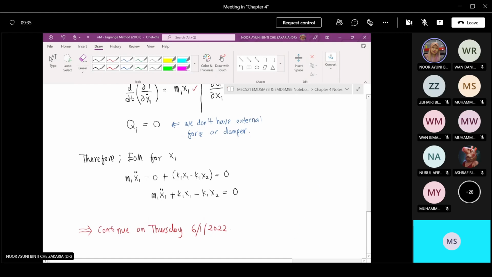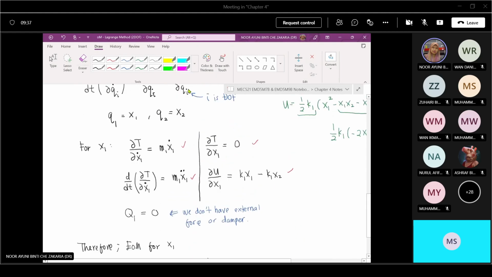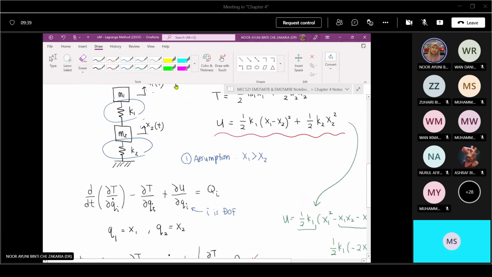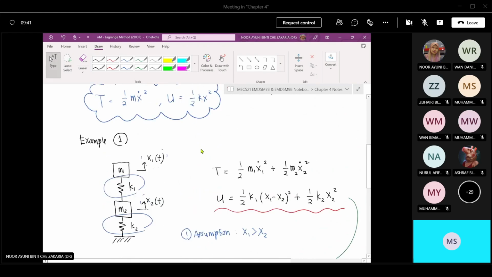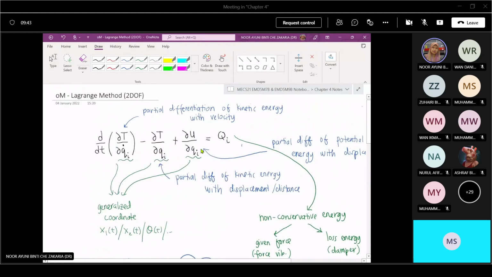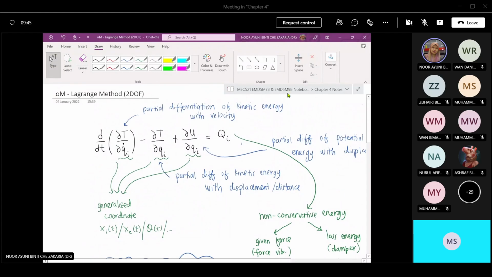Okay, sampai sini. So kita dapat ya. Equation of motion with the Lagrange.